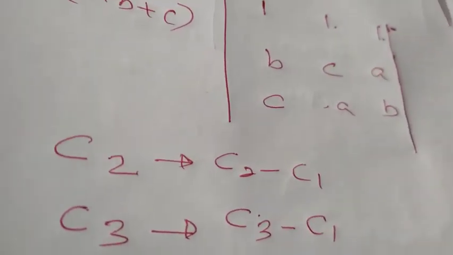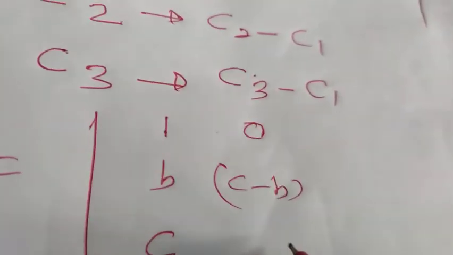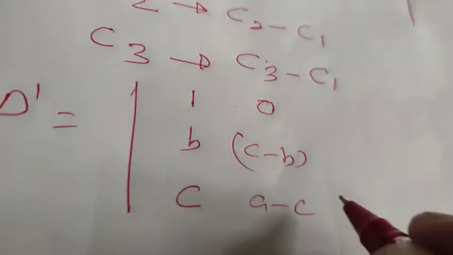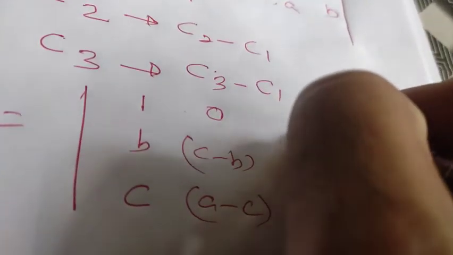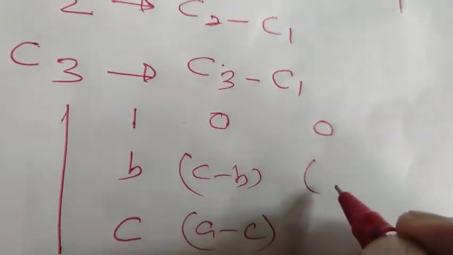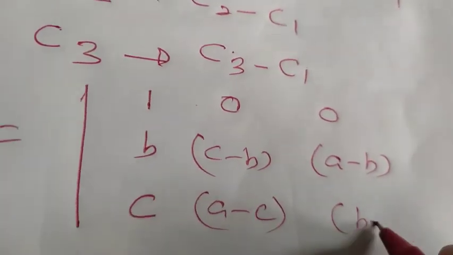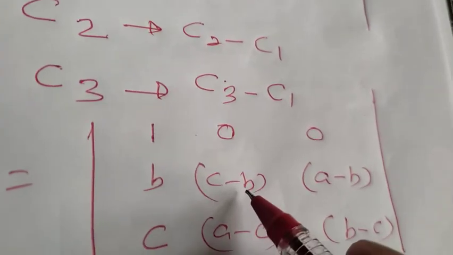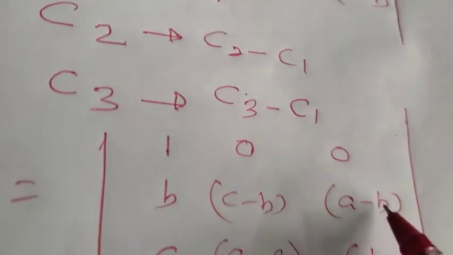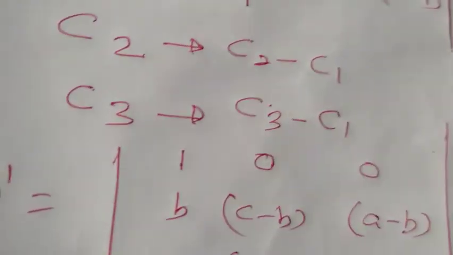Here it is C minus B, here it is A minus C. And here also 0, A minus B, B minus C. The first column remains the same, B, C. This is the second step.